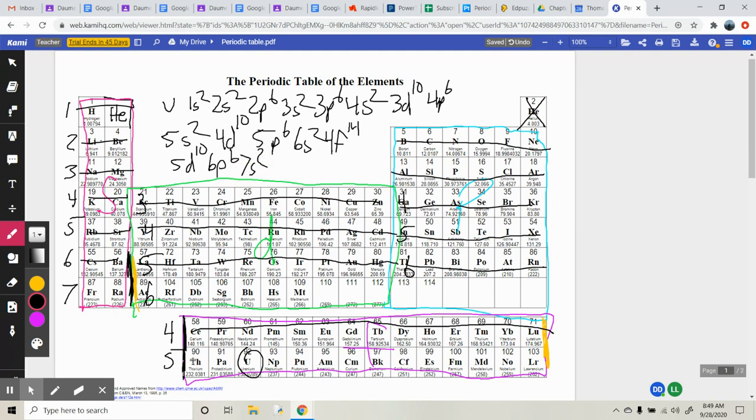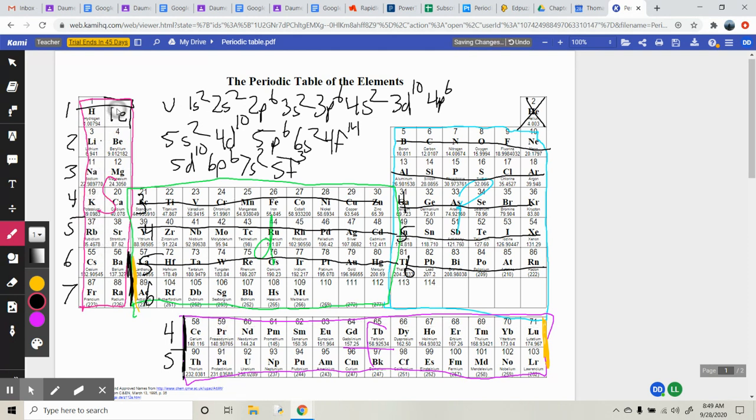And now we pop back down to our actinide series, and it's 5f1, 2, 3, 5f3. Okay, that's as complicated as it gets for electron configurations.